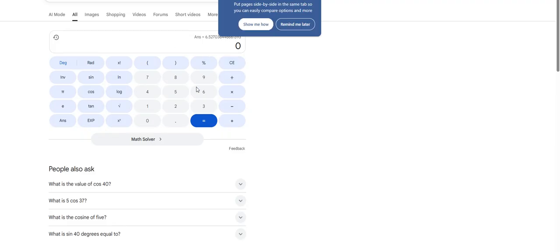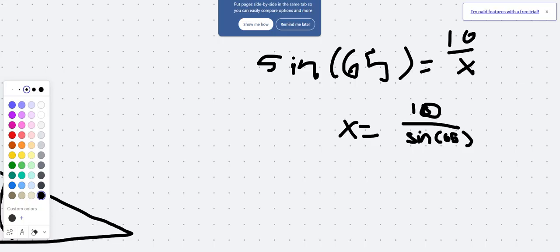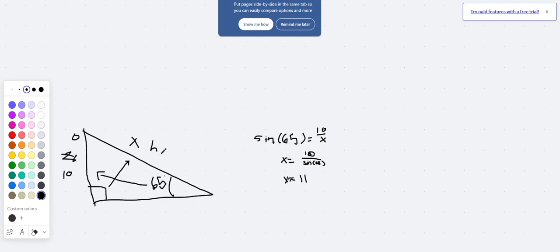It's 10 divided by sine 65. Say that's 11. So x is about 11. So yeah, that's the hypotenuse.